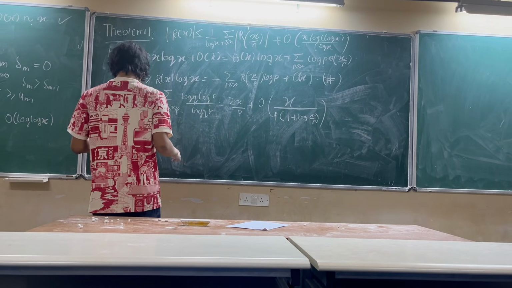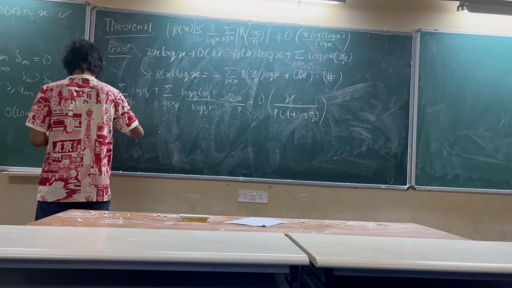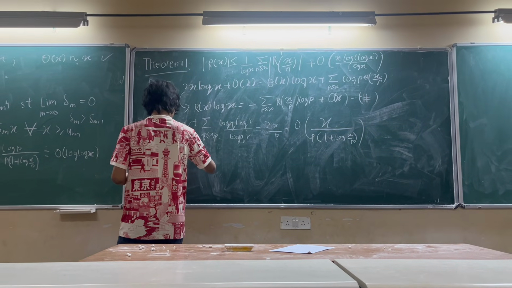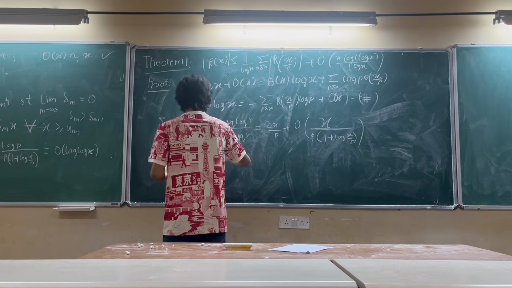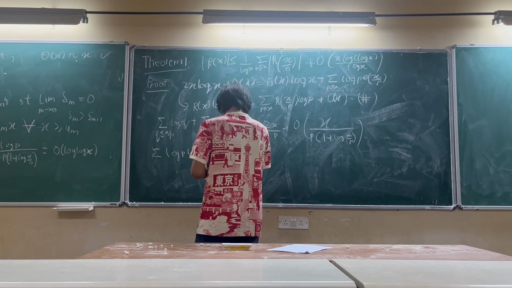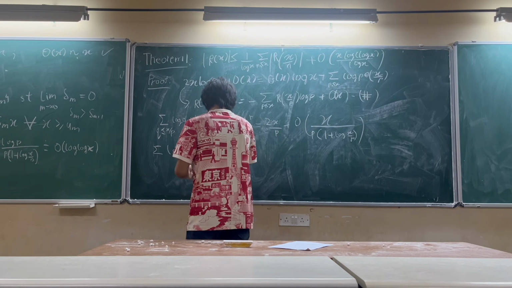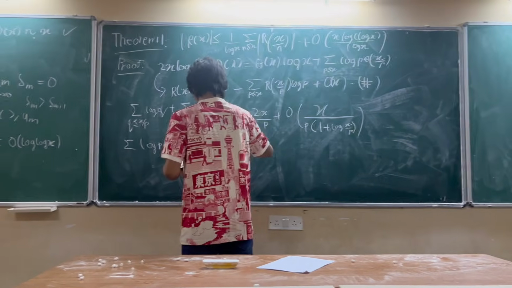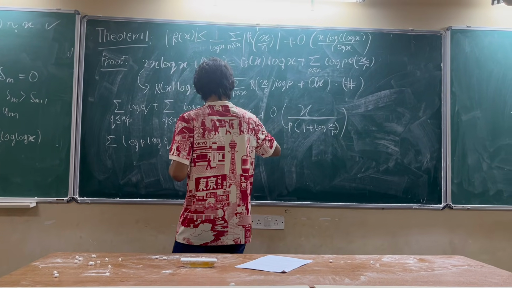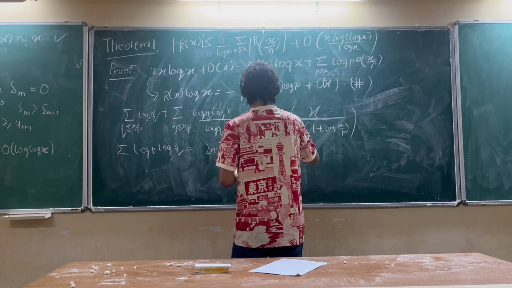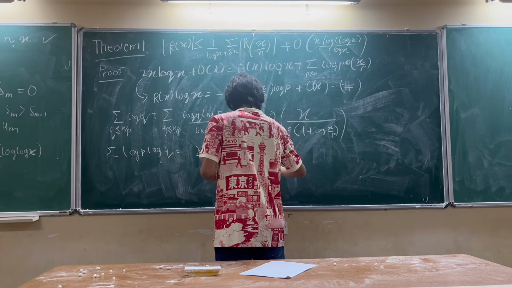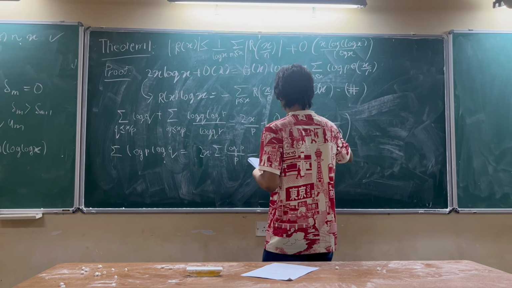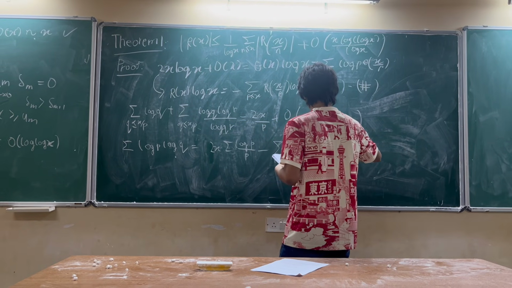Now, look at this thing. We can write it as 2x summation of log p by p minus summation of p r plus x log p log q log r.